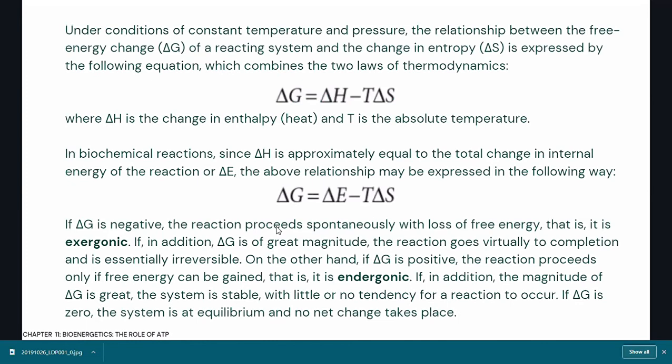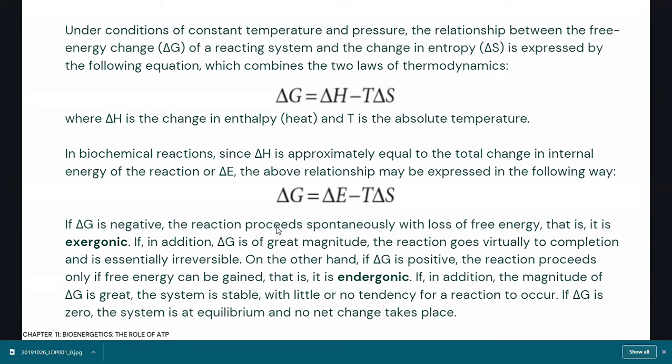All right. So let's look at this. Under conditions of constant temperature and pressure, you're not increasing or decreasing the temperature and the pressure. The relationship between the free energy change of a reacting system and the change in entropy is expressed by the following equation.